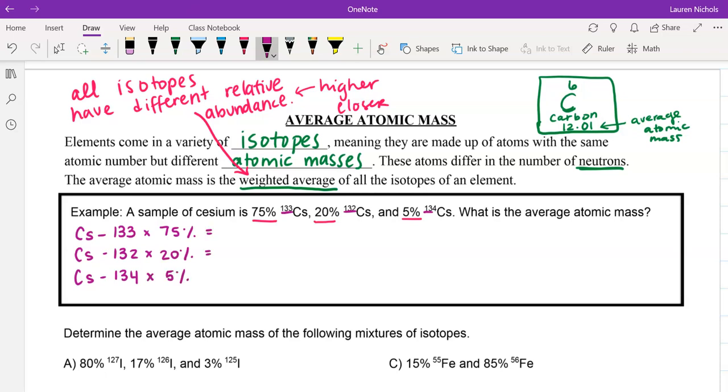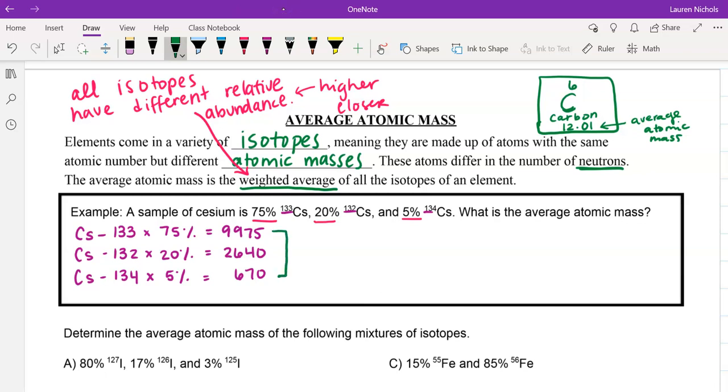So you multiply by their percentage: 133 times 75 will give you 9,975, and then 132 times 20 is 2,640, and then 134 times 5 is 670, and you add all three of those together.